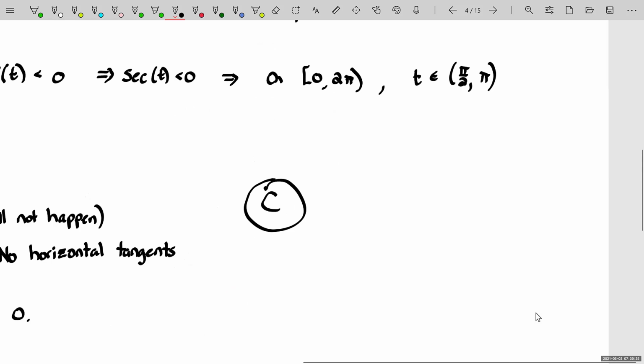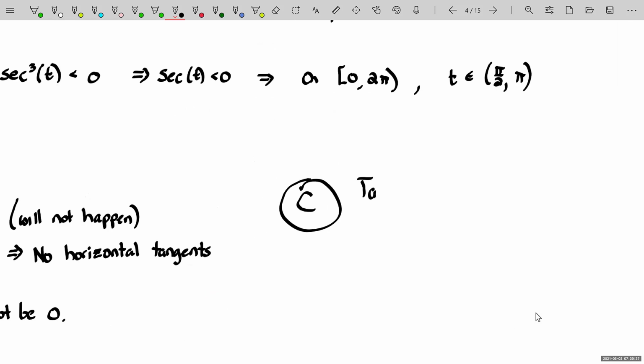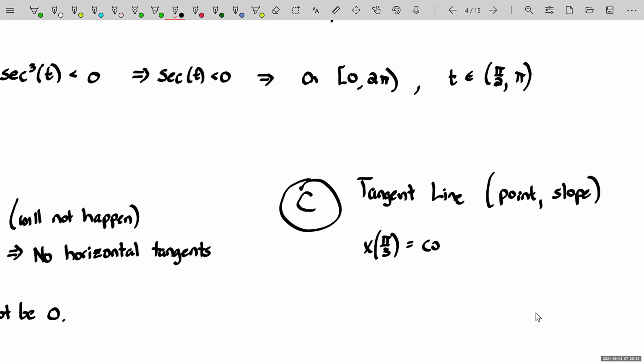So for a tangent line, just like back in Calc 1, you need two things. You need a point and a slope. So the point, x at pi over 3 and y at pi over 3. x is going to be cosine of twice pi over 3.